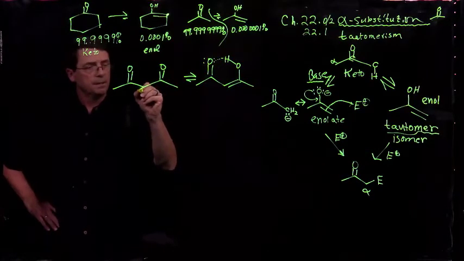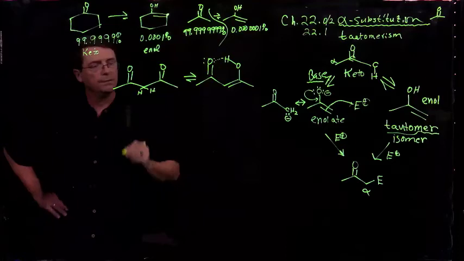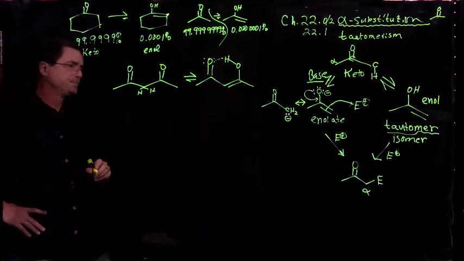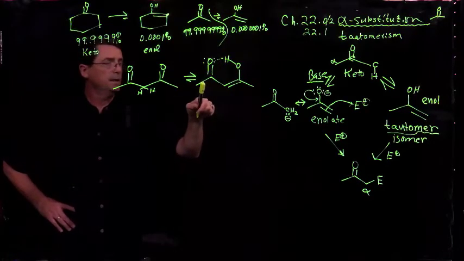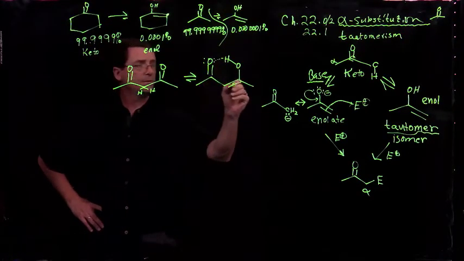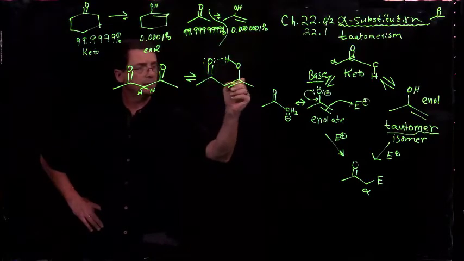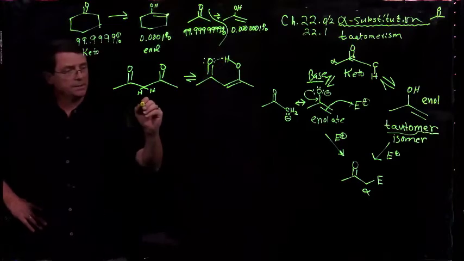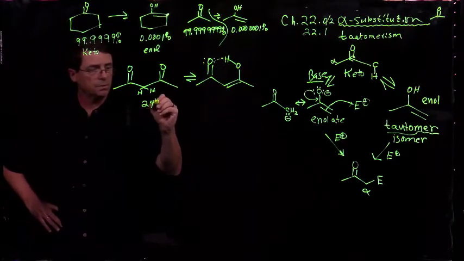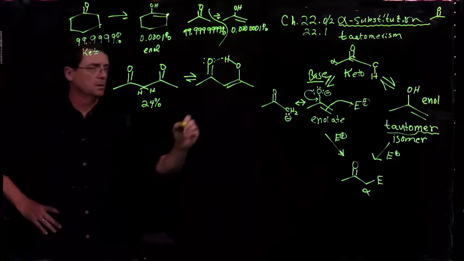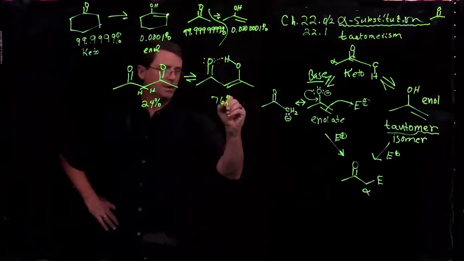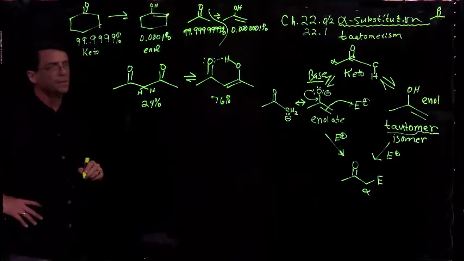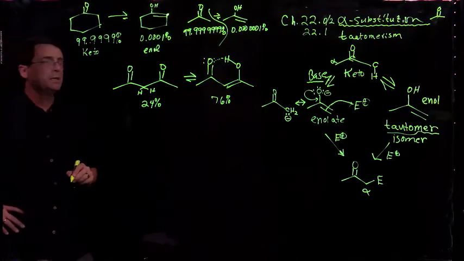These protons are alpha to two different carbonyls, and we're going to learn that makes them much, much more acidic. And notice that this enol is conjugated. The alkene is conjugated with the double bond. So in fact, this compound is 24% keto and 76% enol form. So depending on the details of the structure, it can be majorly enol.